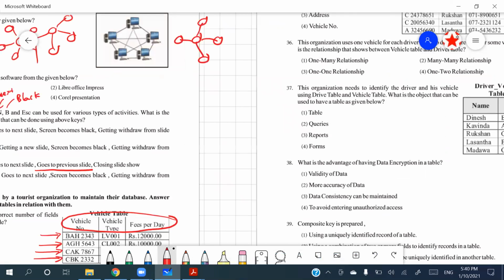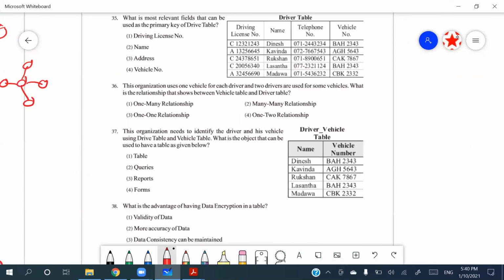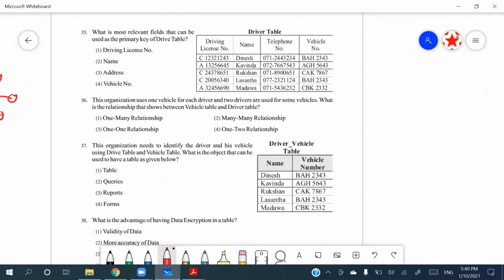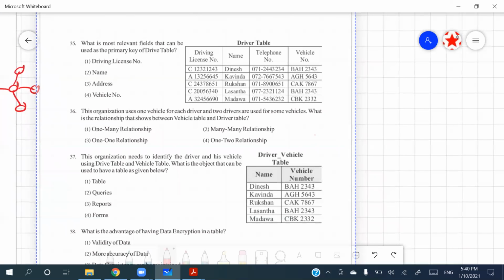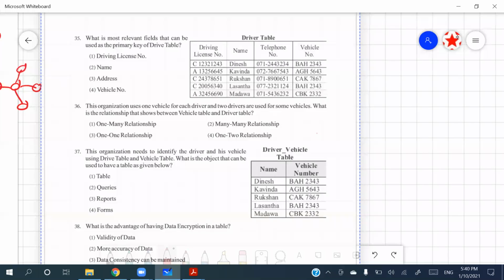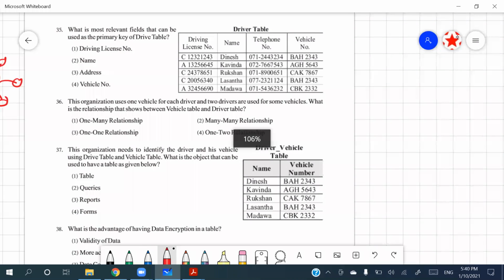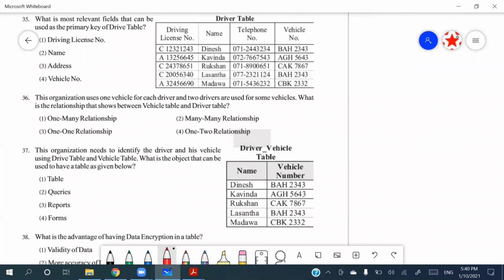The 36th: this organization uses 1 vehicle for each driver and 2 drivers are used for some vehicles. What is the relationship that shows between vehicle and driver?